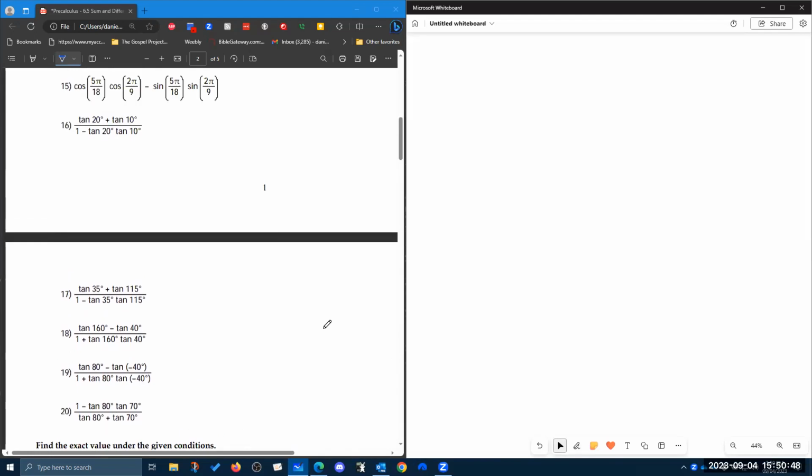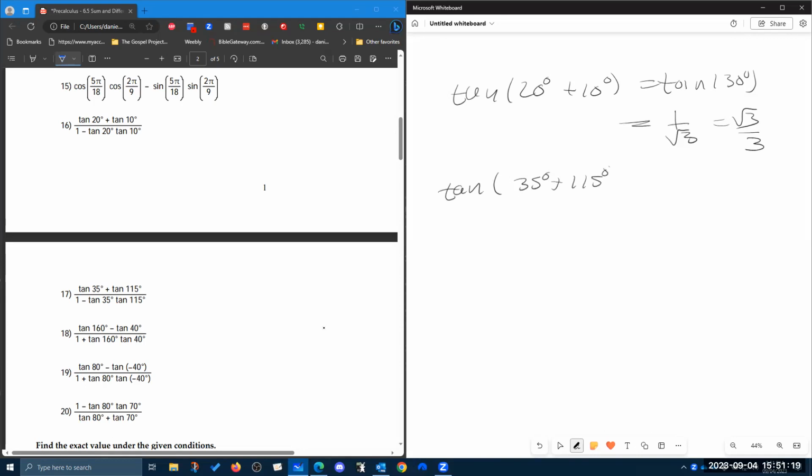Now we've got some tangent ones. So this is a sum identity for tangent. Tangent of 20 degrees plus 10 degrees is tangent of 30 degrees. And that's going to be 1 over root 3, which is root 3 over 3. And we have tangent of 35 plus 115, which is tangent of 150.